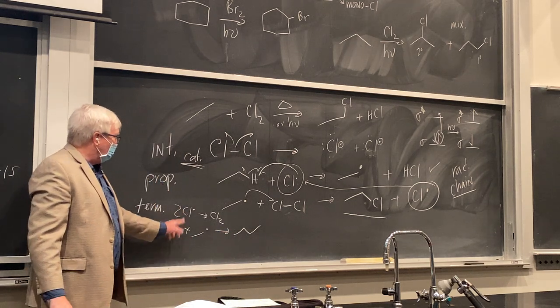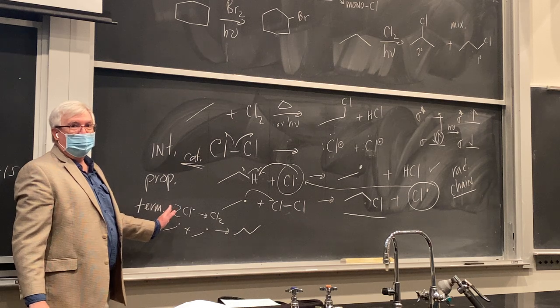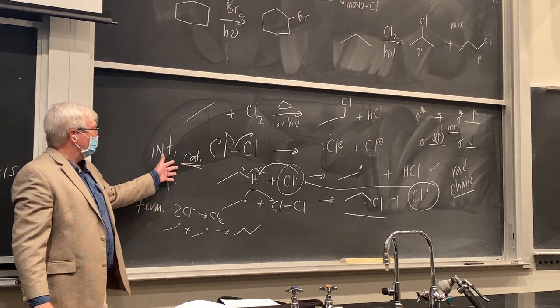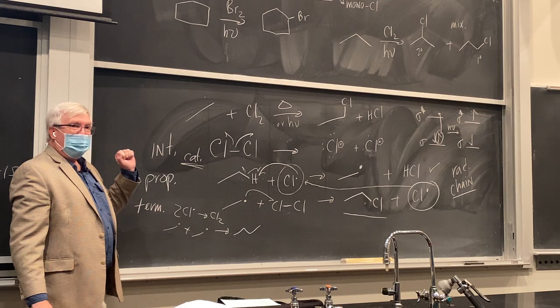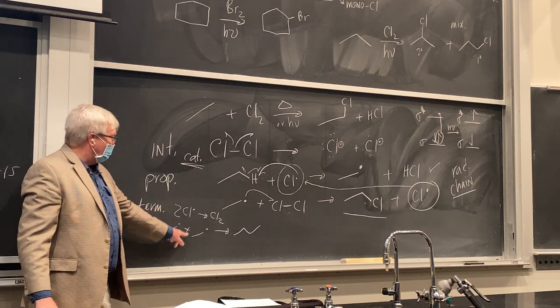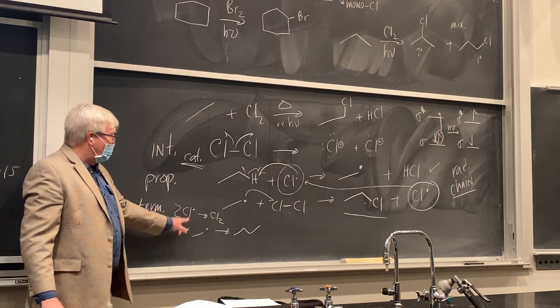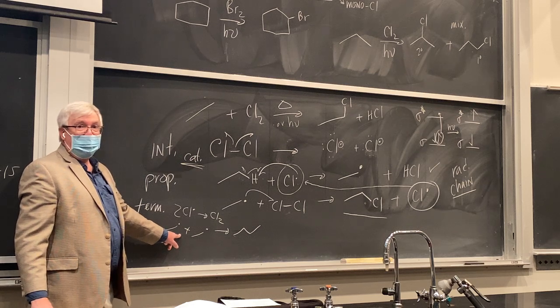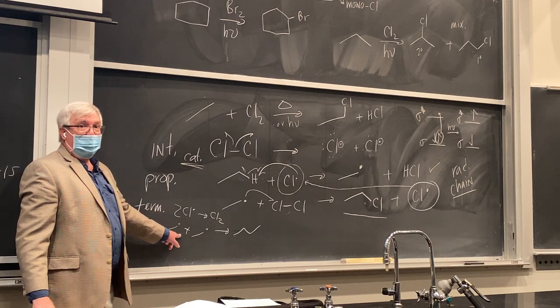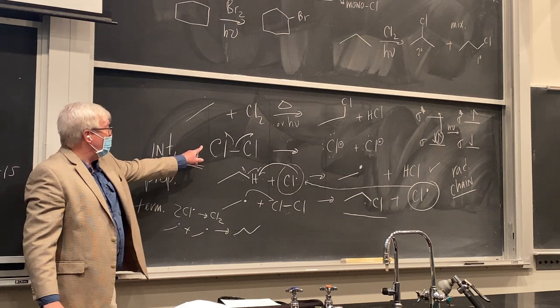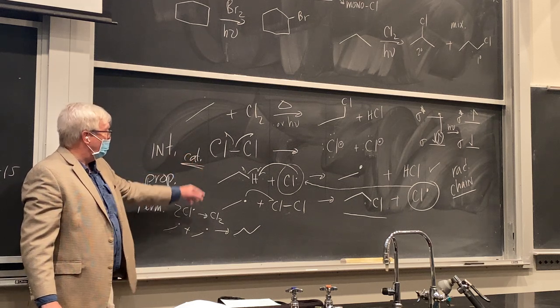Why is this rare? In fact, these termination steps are both very rare. They're improbable compared to the propagation step. Why is that? Well, it involves 2 radicals coming together. And if those are high energy, less stable intermediates, they're not formed in high amounts. Okay, they're only formed in tiny amounts to get things started and to propagate things.